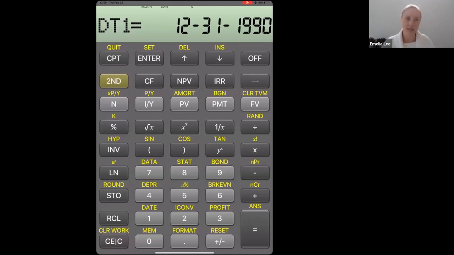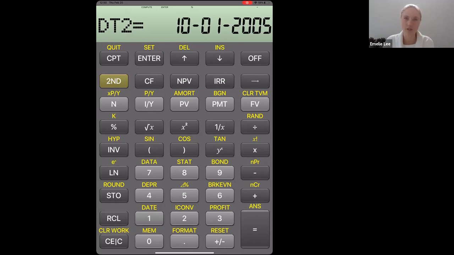So I'm already in the date menu, and I said 06.1705. Notice that it hasn't stored it, so you have to hit enter. When it's stored, it'll show it like that. Then you can step down and say 10.0105. Again, you have to hit enter.